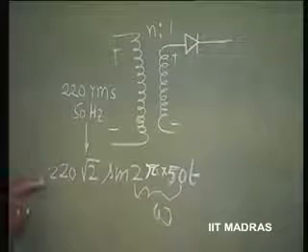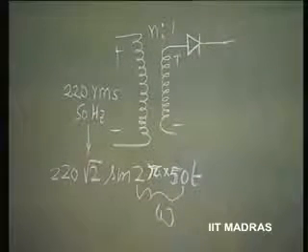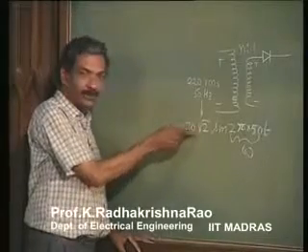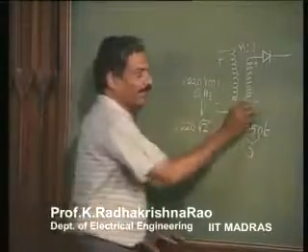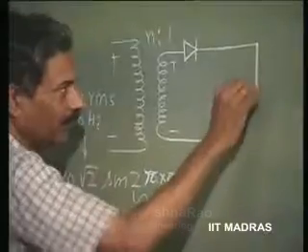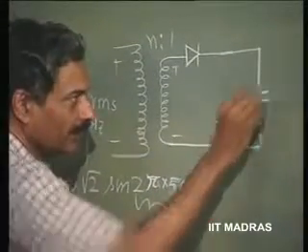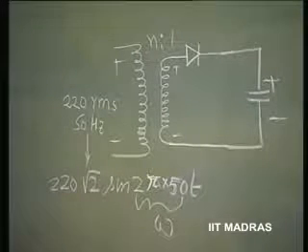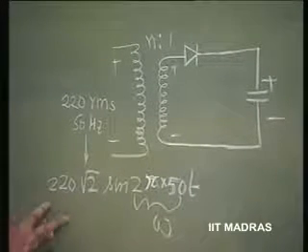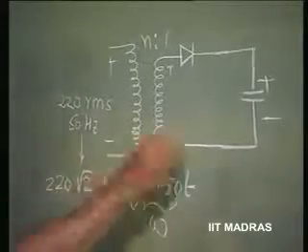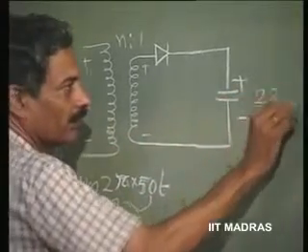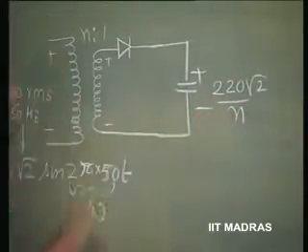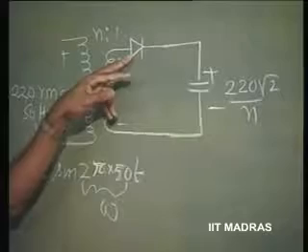So, this is for you to design our converters. Later you should know that it is 220 root 2 peak that is important, and this circuit, once it is put here, as we had discussed, this capacitor gets simply charged to the peak value of the voltage. What is it? 220 root 2 divided by n, because it is an n is to 1 transformer.